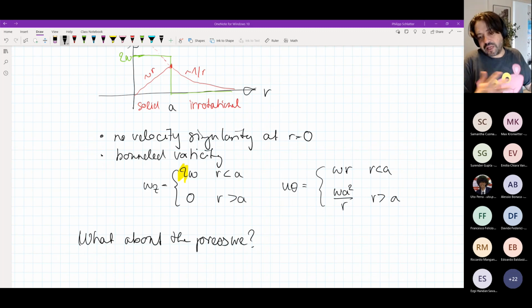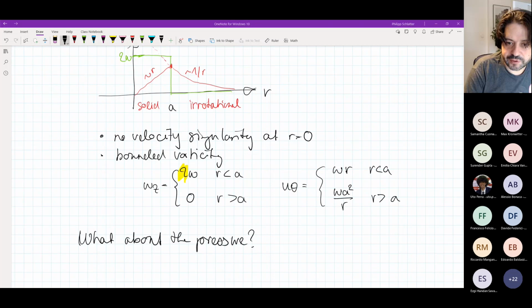If you translate the centrifugal force to a pressure force, you could view it as something that draws out from the center. And this would lead to a lower pressure in the center. But again, we will come back to that in more detail. For now, it's just important to realize that there is a difference in pressure, and typically the pressure is lowest in the center.